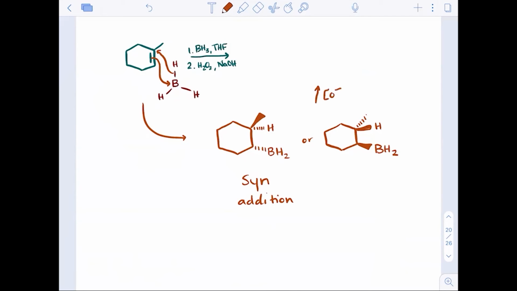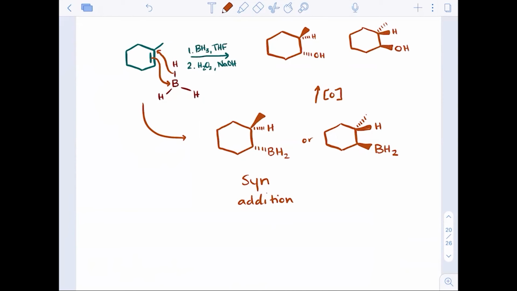Then we have our oxidation step with H2O2 and NaOH, and we simply replace BH2 for OH. That is the process that I would want you to understand.